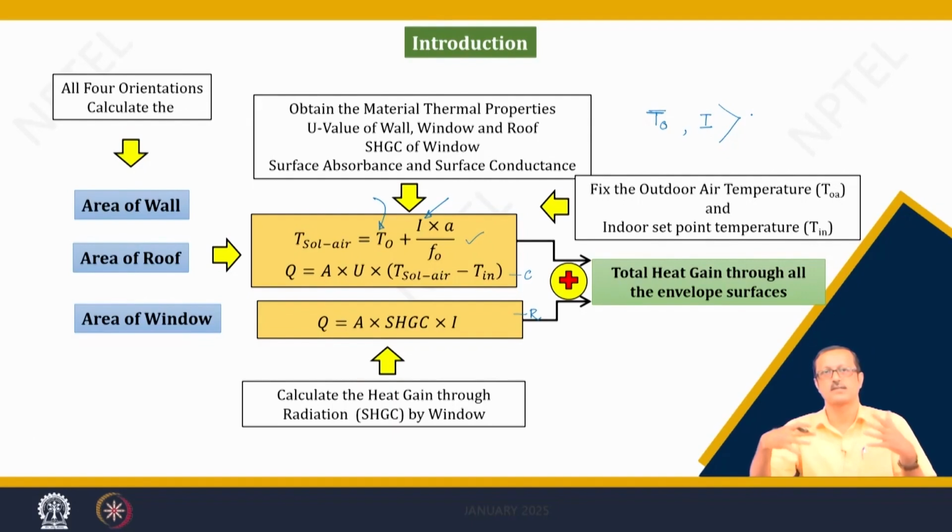As we understand, it is climatic data, and the outdoor temperature is not constant throughout the day. The solar radiation is also not constant throughout the day.